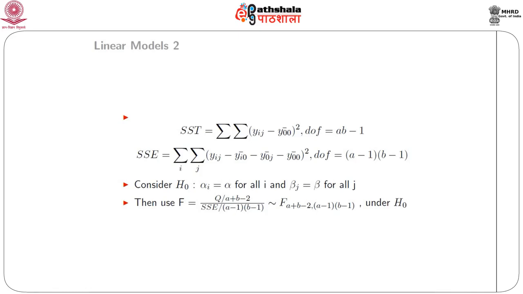Now consider H naught: alpha i equal to alpha for all i and beta j equal to beta for all j. Then use F equal to that complicated expression which has got Q by a plus b minus 2 in the numerator and an even more hairy expression in the denominator, and this will follow F with a plus b minus 2 comma a minus 1 times b minus 1 degrees of freedom under H naught.